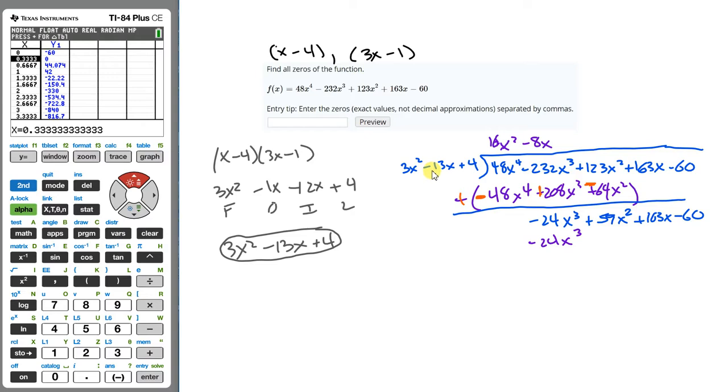Negative 8x times negative 13: 8 times 10 is 80, and 8 times 3 is 24, so that's 104. So plus 104x squared. And then 8 times 4 is 32, negative. And we're going to subtract all that. Instead of doing a subtraction, which looks like a lot of work, I'm just going to change the sign on this one and do an addition, plus, and then change all the signs.